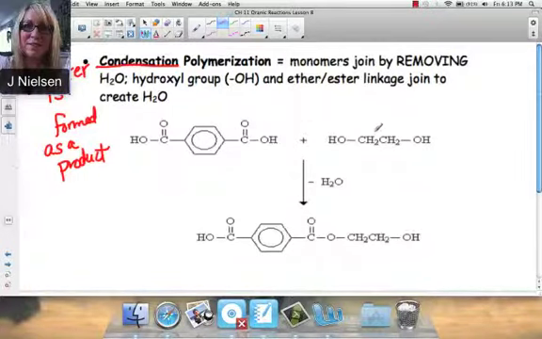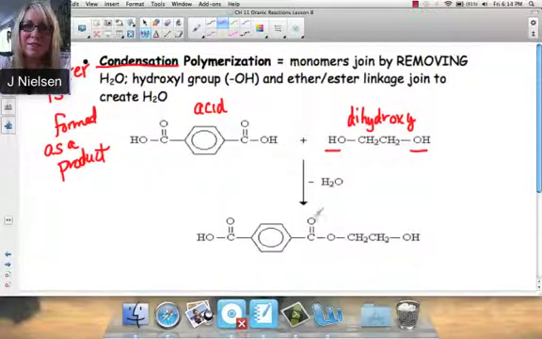So here you've got what's called a dihydroxy alcohol. And the reason why this is a dihydroxy alcohol is because it's got two OH groups, one here and one here. And here you have an acid. And when you take the acid and the dihydroxy alcohol, you're going to remove the OH and you're going to remove the H to form water.